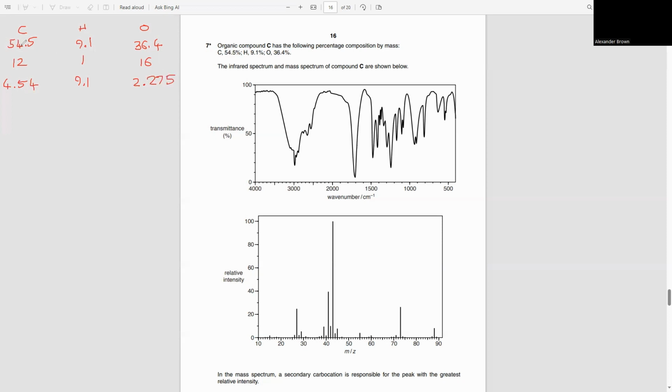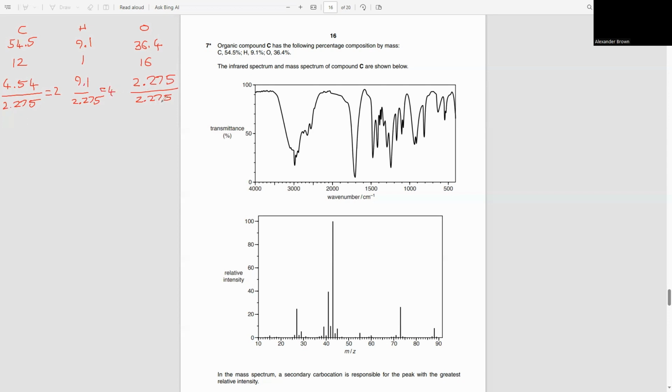Now we take the smallest of these, which is 2.275, and divide each of them by it. So 4.54 divided by 2.275 is equal to 2. 9.1 divided by 2.275 is equal to 4.